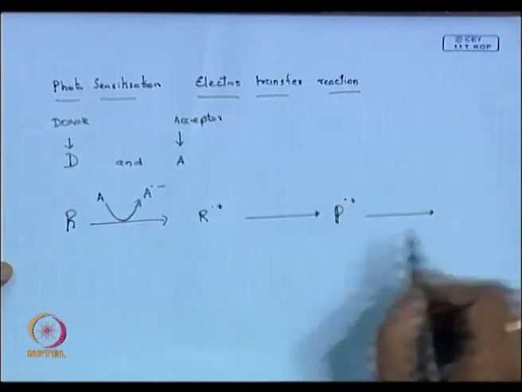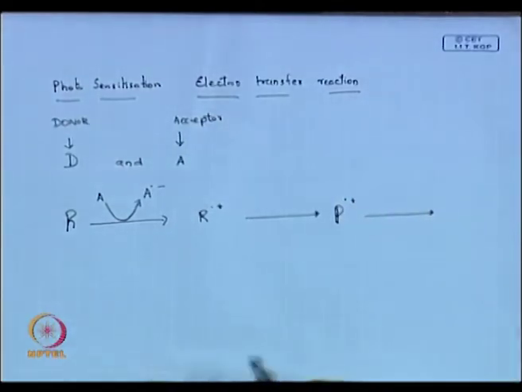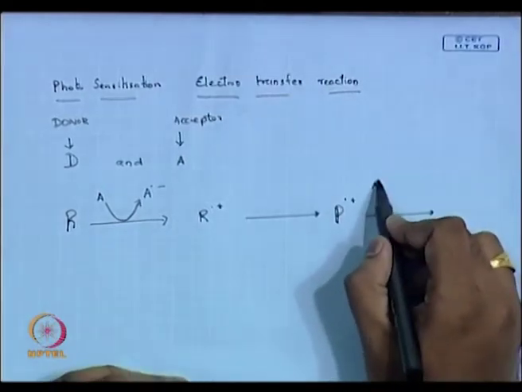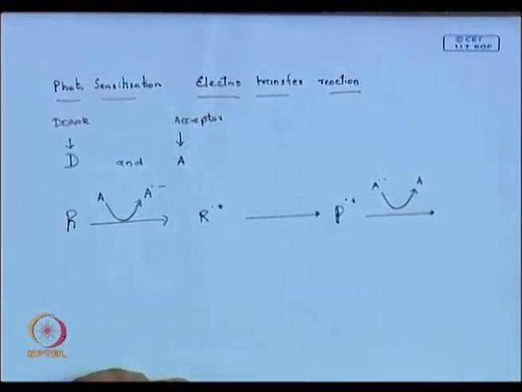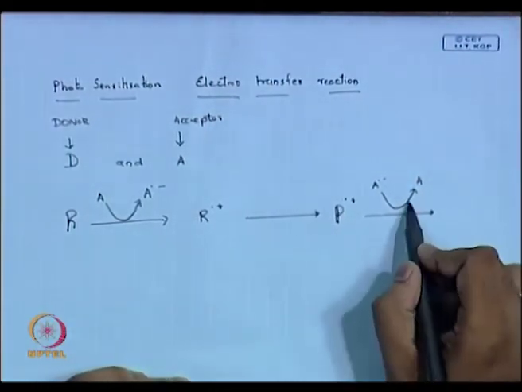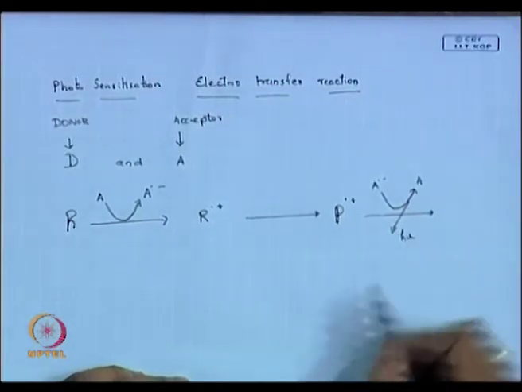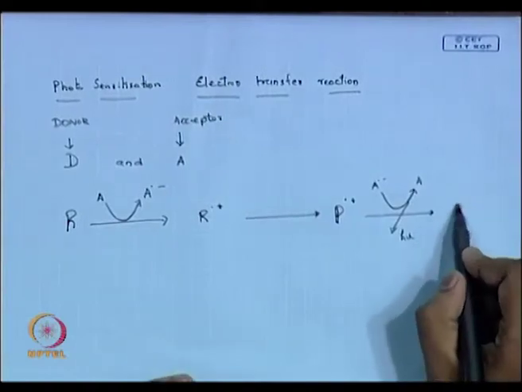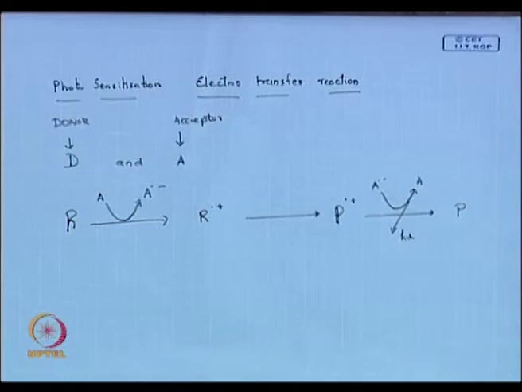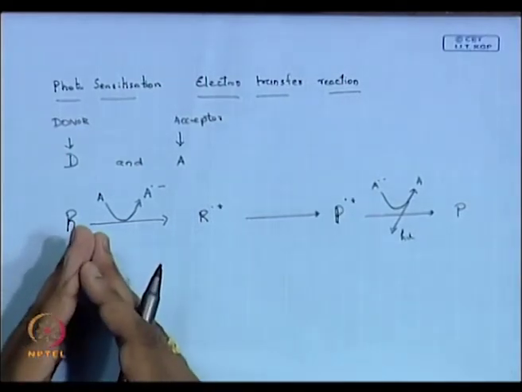Now, what happens is that the acceptor which took your electron comes back and gives the electron back, emitting the light out in the same way, because it has taken the light. Once it gives the electron back, you get my product. See, the acceptor takes the electron and at the end it gives the electron back, so it remains in the system. So, you take it like a catalyst most of the time.